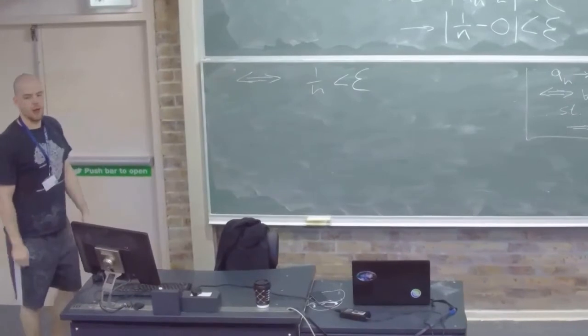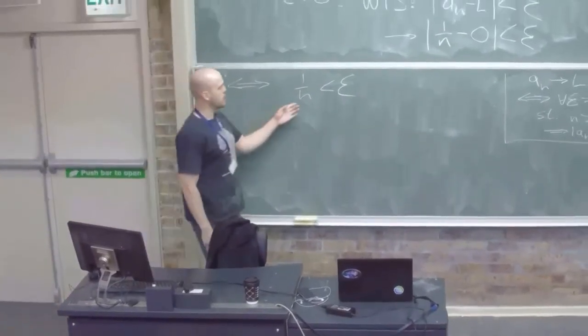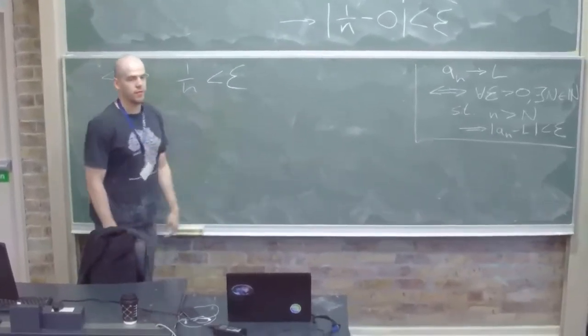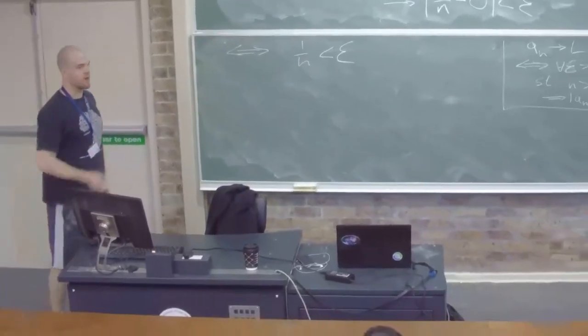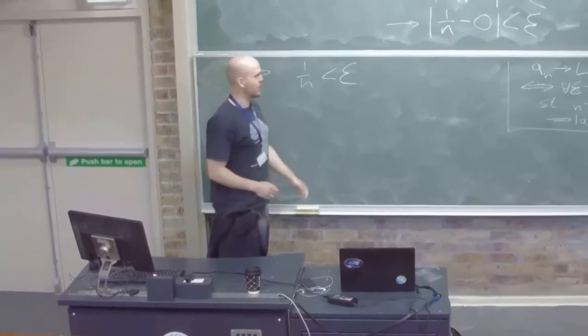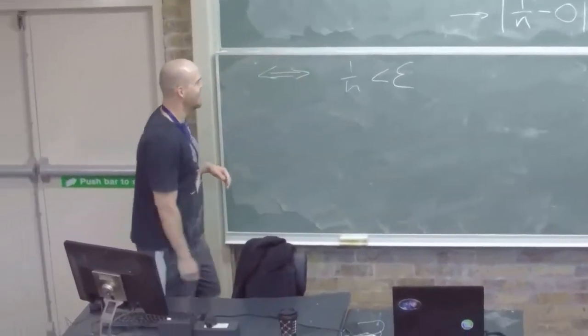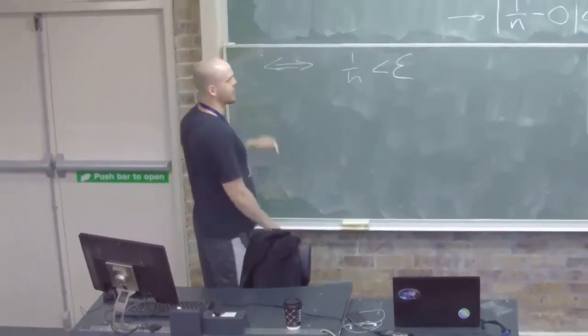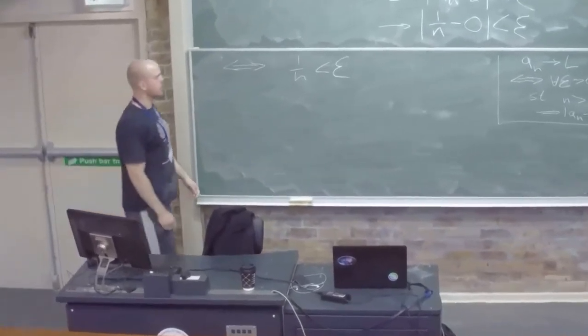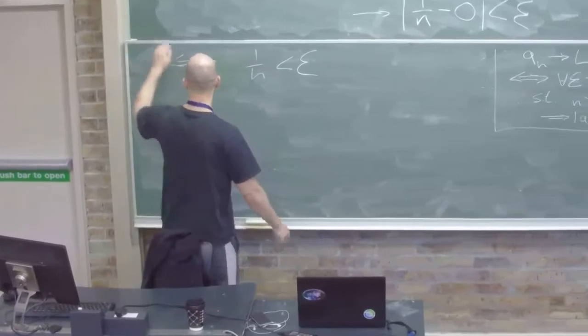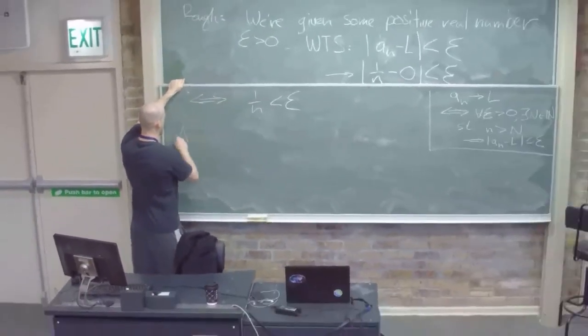Now what does this kind of remind you of? We've actually seen something like this earlier in the course, and hopefully at this point, and if not, we'll remember it going forward, this is like saying something about the Archimedean property, okay? Remember the Archimedean property.